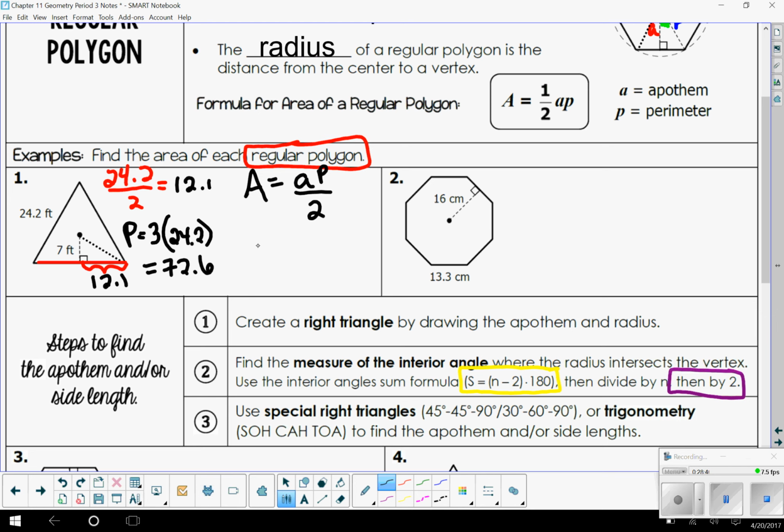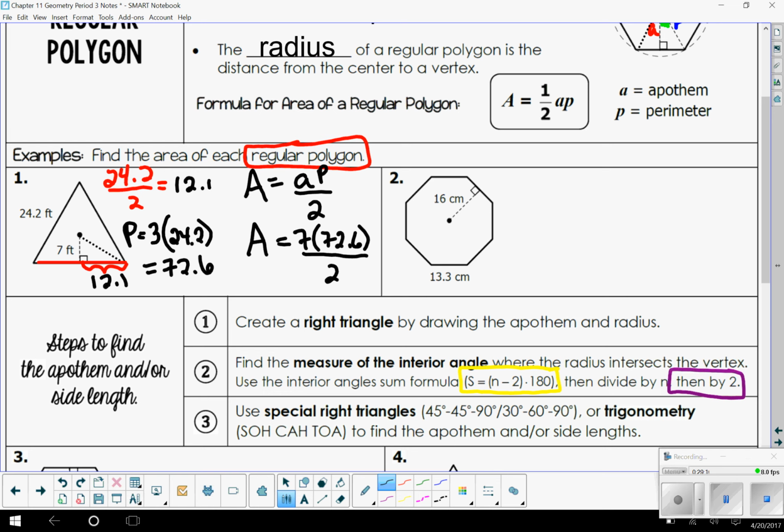So, area is equal to our apothem, 7, times our perimeter, 72.6, and we're going to divide that by 2. So now in your calculator, you have 72.6 times 7 divided by 2. Question? I didn't need to. I just did it. Okay.